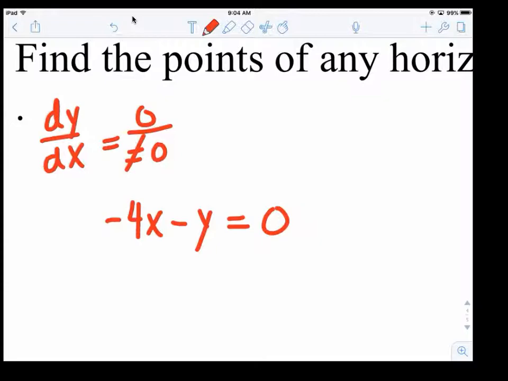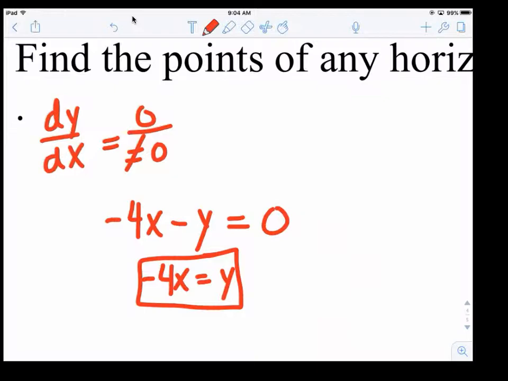So when you are solving for a horizontal slope, which variable do you think you should be solving for? Y, right? So you have negative 4x is equal to y. All right, so it's asking for the points.